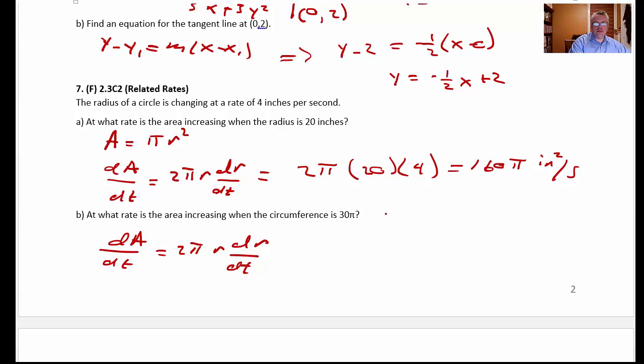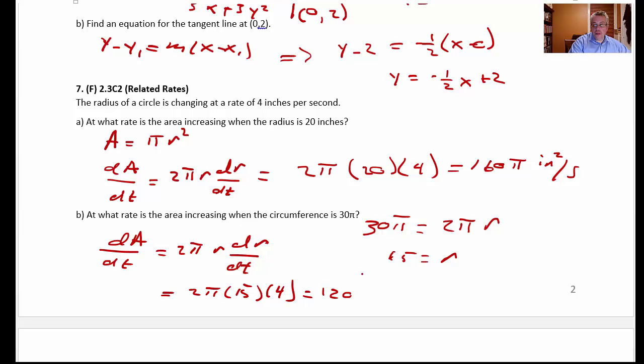When the circumference is 30 pi, well, circumference is 2 pi times the radius. So if I divide by 2 pi, I get the radius is 15. Okay, and we have what we need here. So this is 2 pi times 15 times 4, which I believe is 120 pi. And again, inches squared per second.